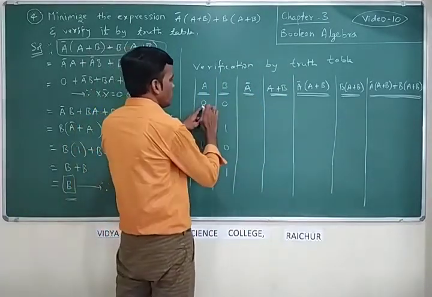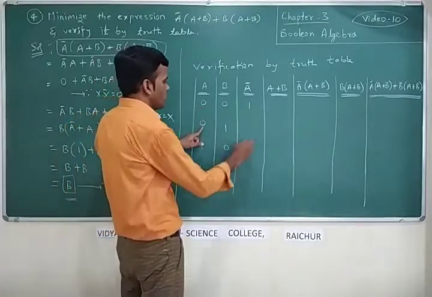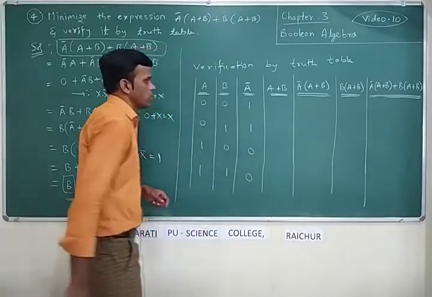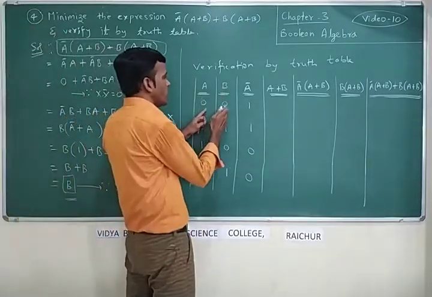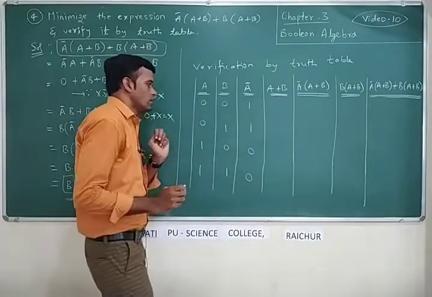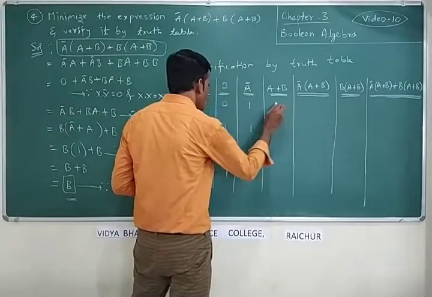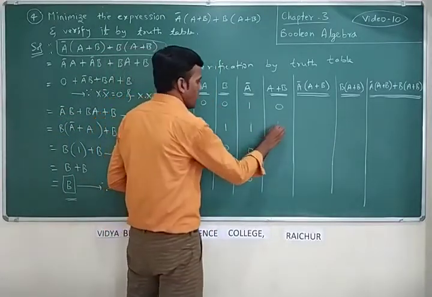So the other value, okay, when it is 0 we have to write 1, complement of that value. So again it is 1, here 0, here also it is 0. Now a plus b, so between these 2 we are applying OR operation. So OR operation says when both are 0 then only it is 0. Okay, here both are 0. In the remaining cases we can write 1.